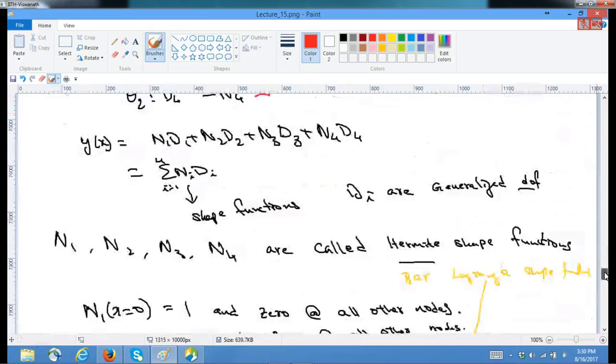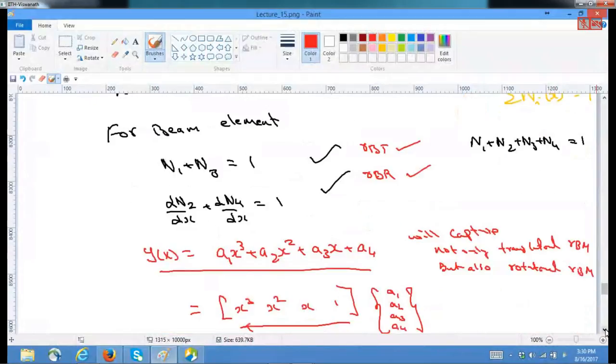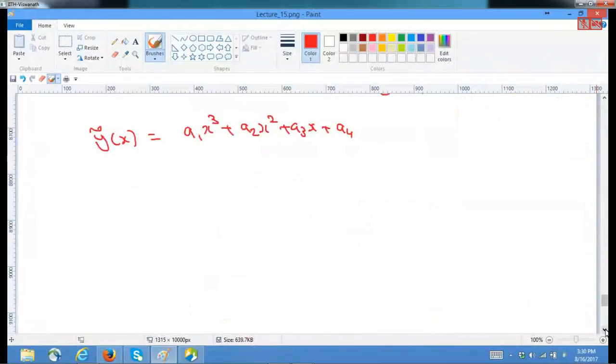And this beam element has good properties such that it can capture both the rigid body translation and rigid body rotation, and hence it has better convergence than the other two-noded elements that are available. So this is a better approximation, and this is one way of developing the Hermite shape functions.